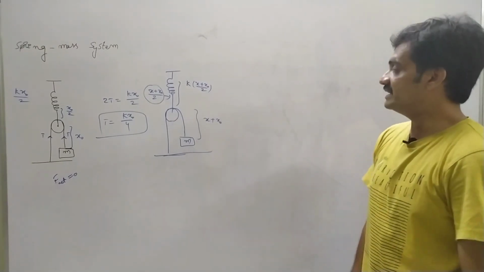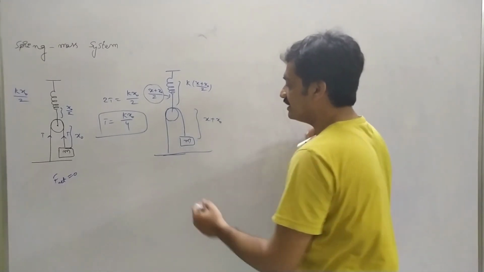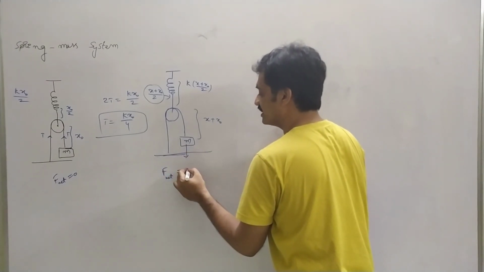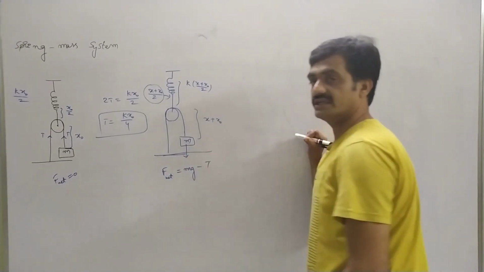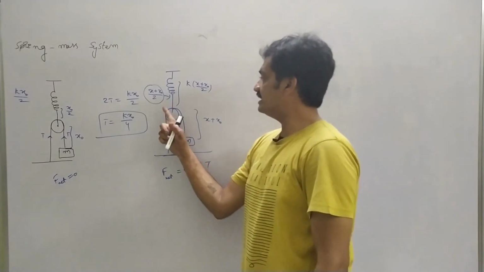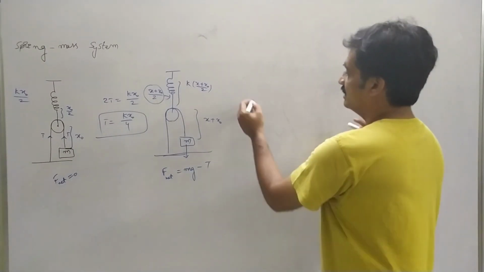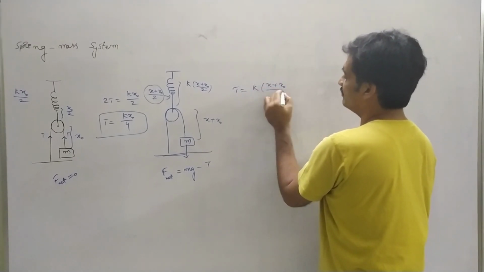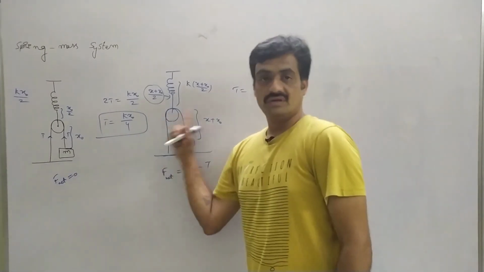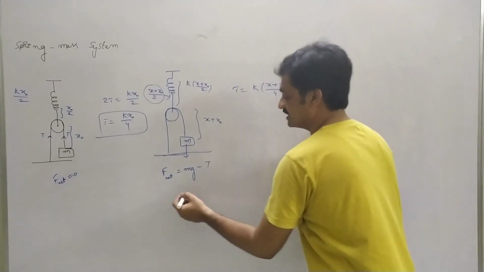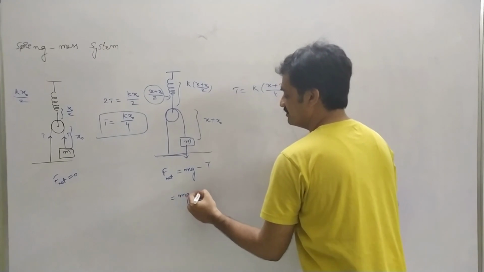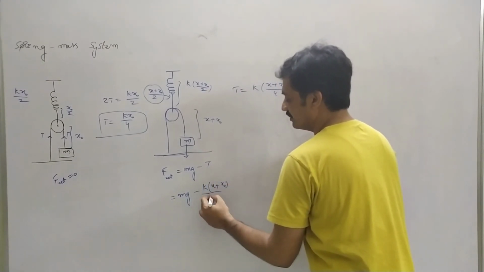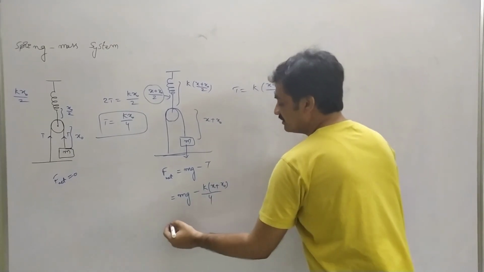Now observe that the net force is given as F net is equal to the weight acting in the downward direction, mg, minus tension T, where T is equal to k into (x plus x naught) by 4. As we substitute this value, we have mg minus k into (x plus x naught) by 4. Now we have to split this equation.